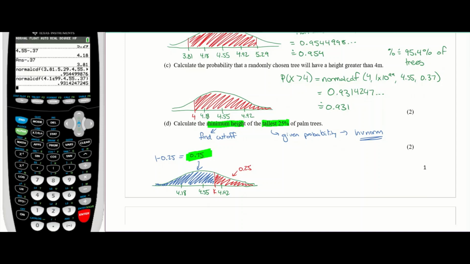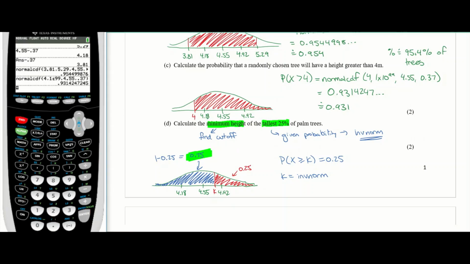So when I do this on the calculator, I know the probability that a randomly selected value is larger than K is 0.25. But to find K, I need to use the inverse normal function with a probability of 0.75, because I have to get the probability below.